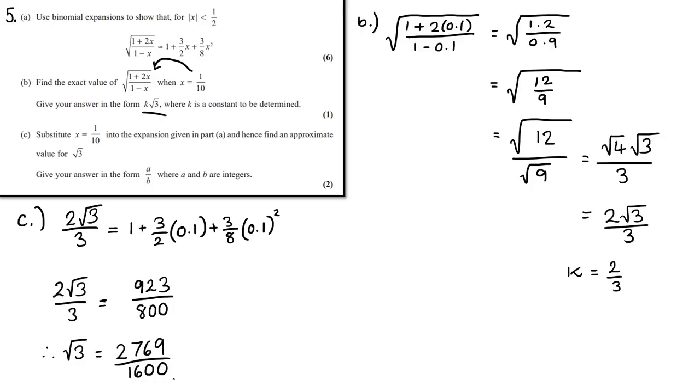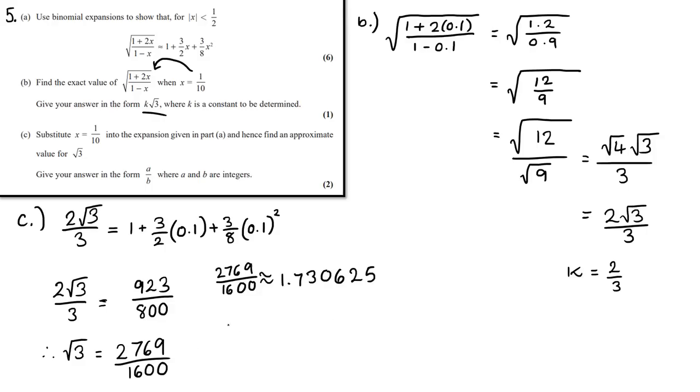What I'm going to say here is a piece of advice for questions like this is to put this into your calculator. Okay, so if we just quickly do this, 2769 divided by 1,600, what I get for that is that that's approximately 1.730625.